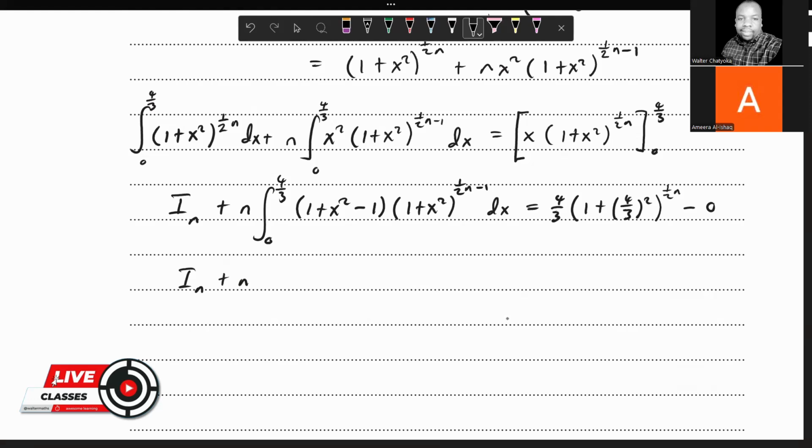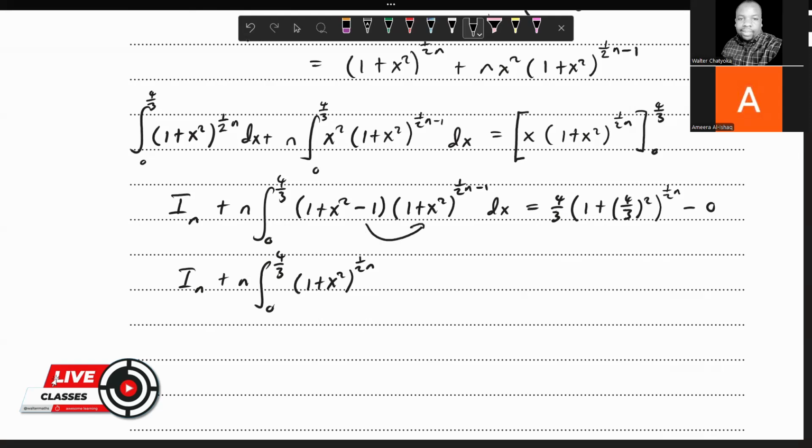Now, if we multiply 1 plus x squared by 1 plus x squared to the half n minus 1, we will get the integral from 0 to 4 over 3 of 1 plus x squared to the half n, because the powers add up. So minus 1 plus 1 is 0, and we're left with half n.